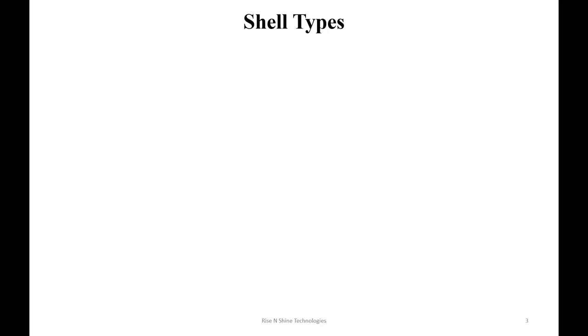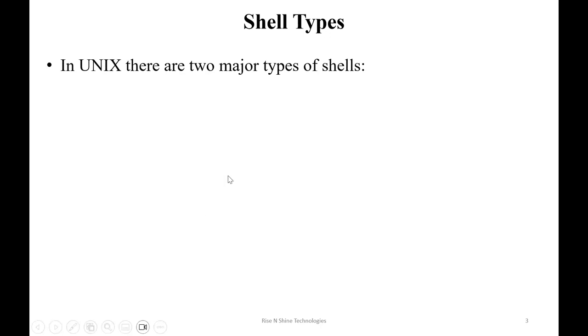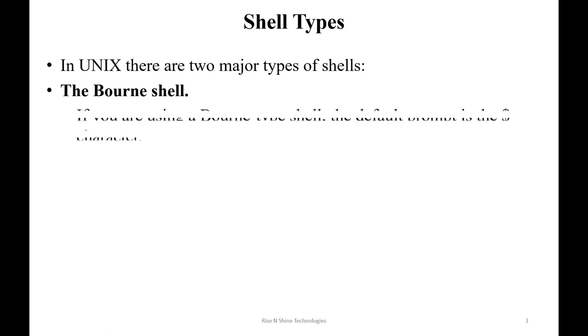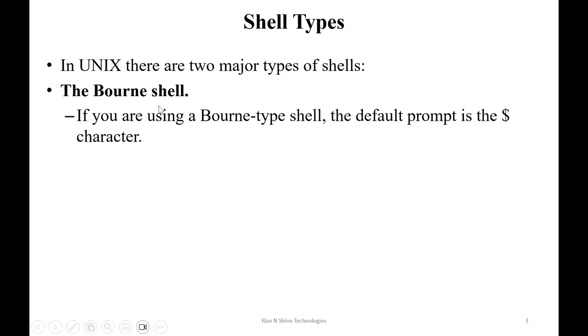Now, if we try to understand the different types of shells available, there are mainly a few major types. The Bourne shell: if you are using the Bourne type of shell, the default prompt is the dollar character, which you see in the prompt section. The binary file for the Bourne shell is the sh file in the root bin folder.